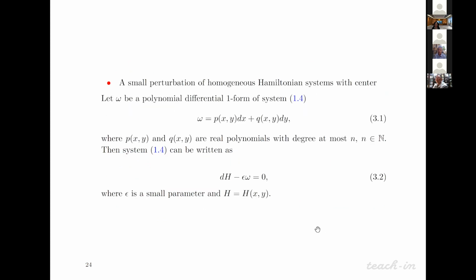For the small perturbation of a homogeneous Hamiltonian system with a center, we can write system one in this form.